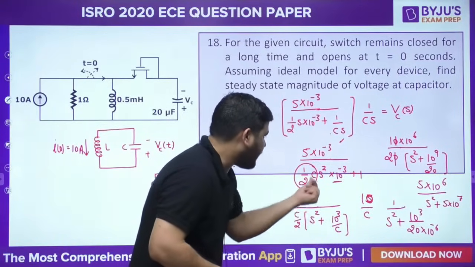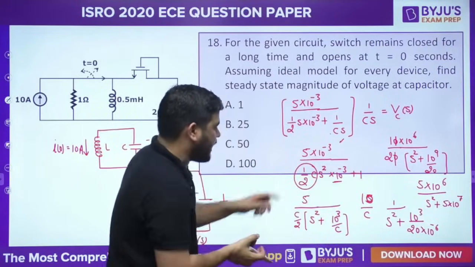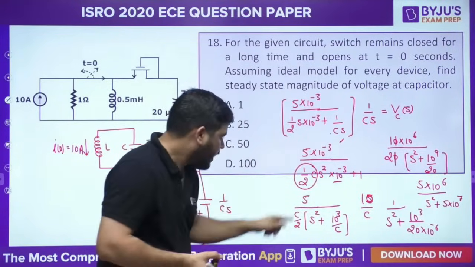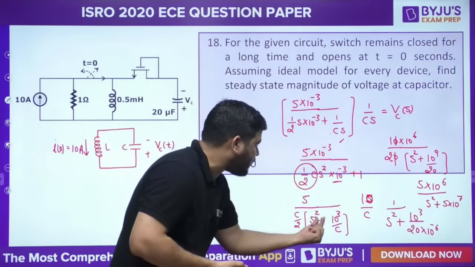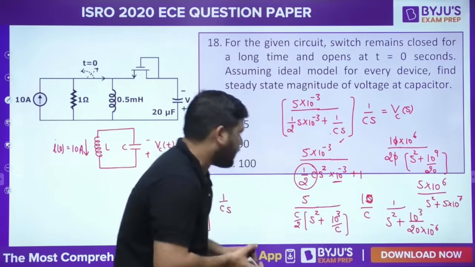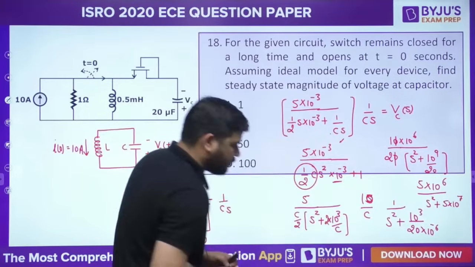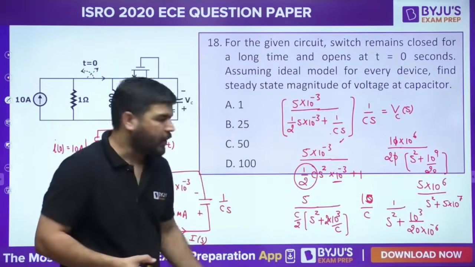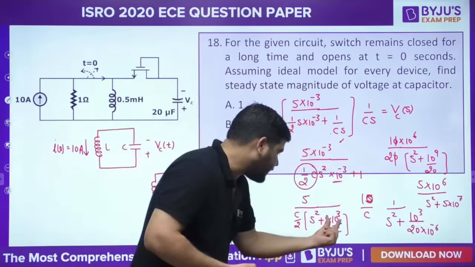If you take half C into 10 to the power minus 3 common, then in the numerator you are left with 5, and here you have C by 2 S square plus 10 to the power 3 upon, I think you will get 2 more. This is 2 into 10 to the power 3. So you're left with this.